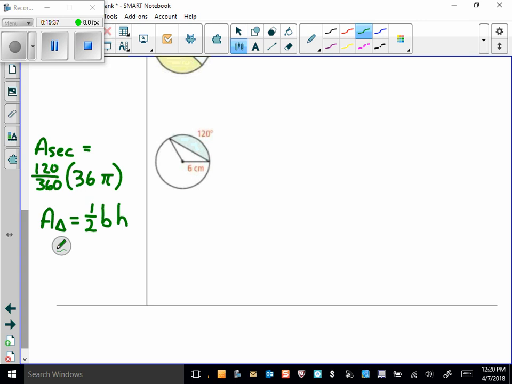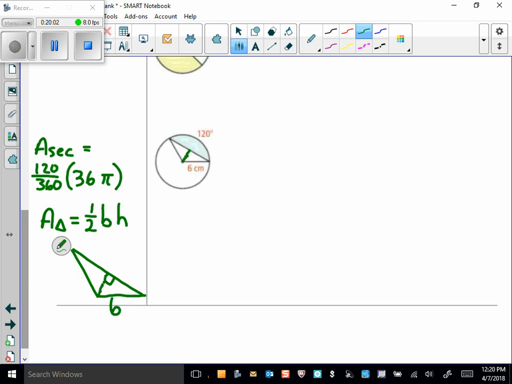So let me draw this little triangle down here, so I've got a little bit more room to play with. Okay, if this is 6, I've got to find the height. So I'm going to drop this altitude.